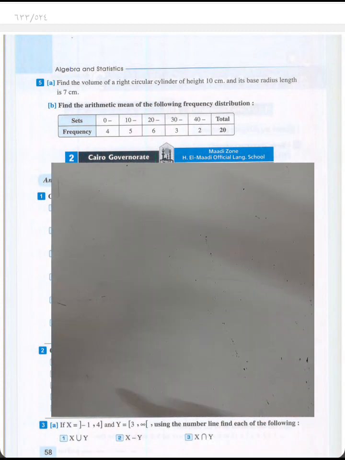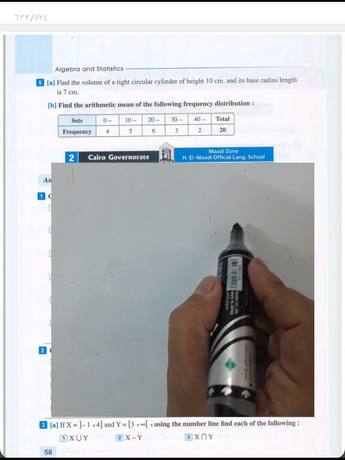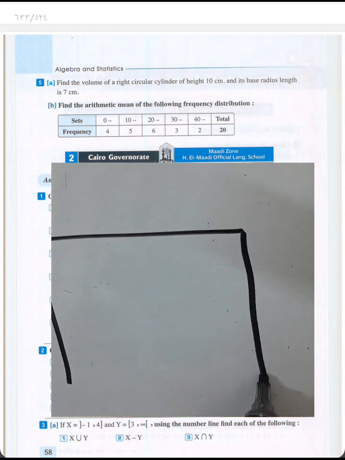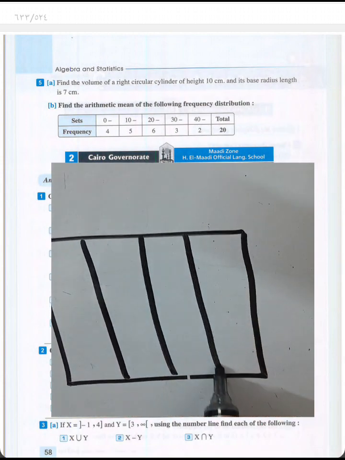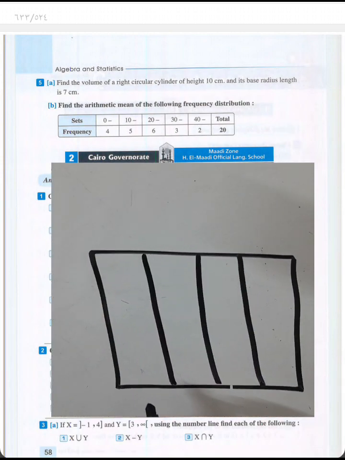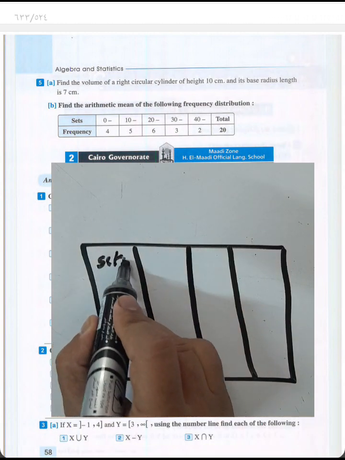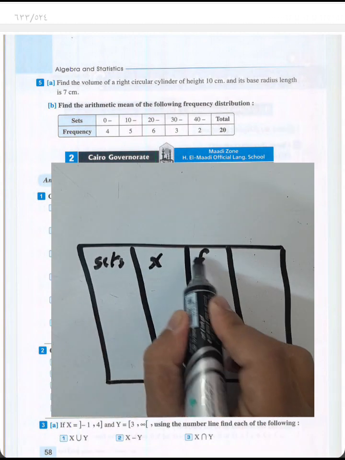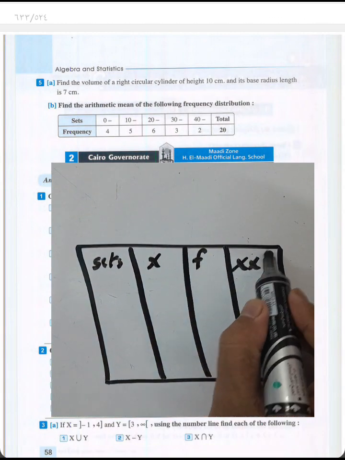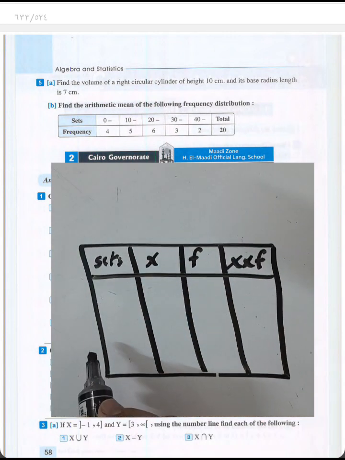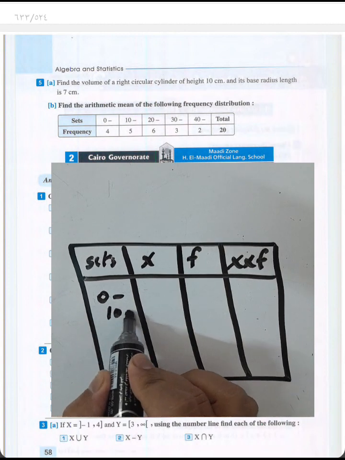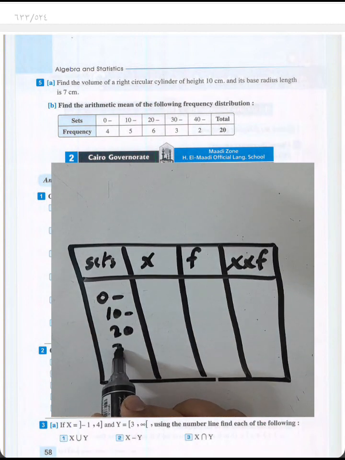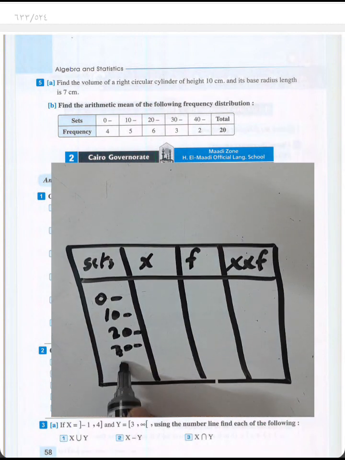First step, we must draw a table containing 4 verticals here. Write at the top here the sets, and here x and frequency, and here x product by f, and then the first interval from 0 to 10, 10 to 20, 20 to 30, 30 to 40, and so on.